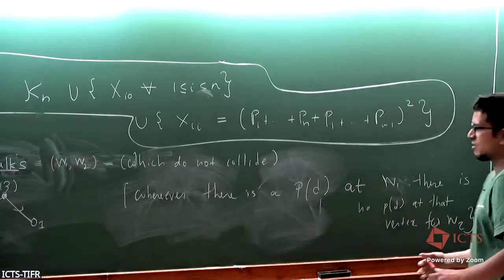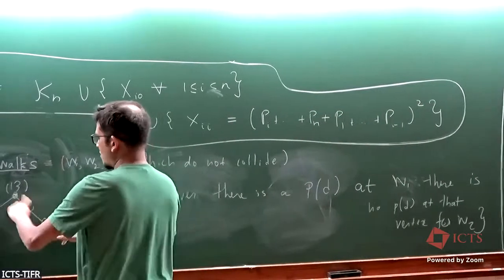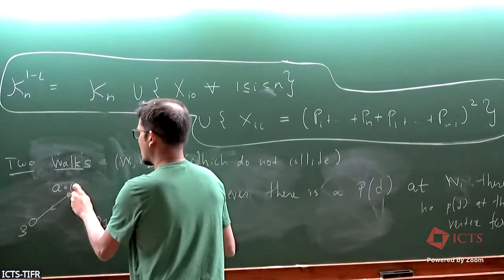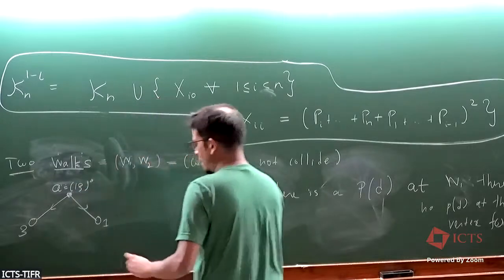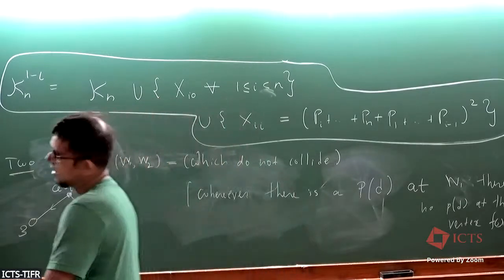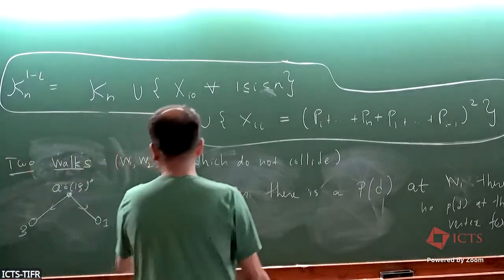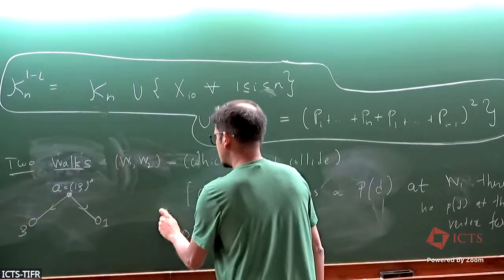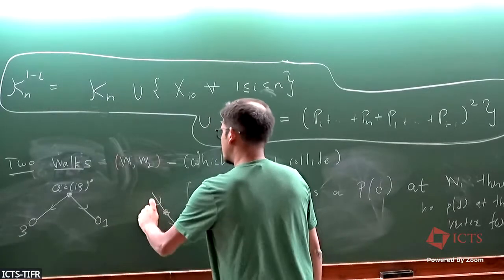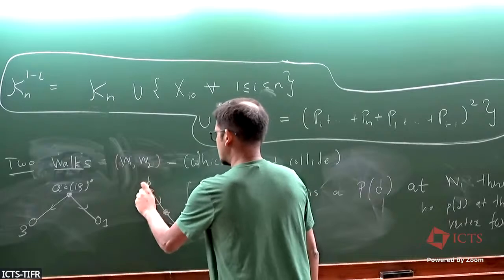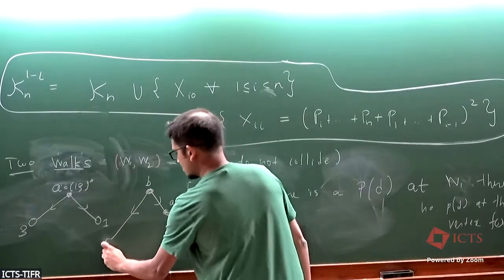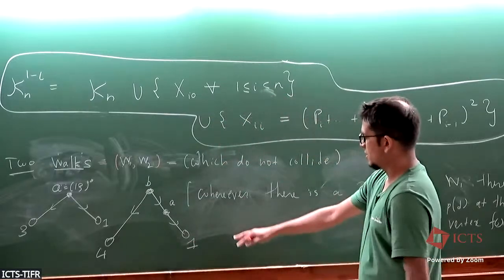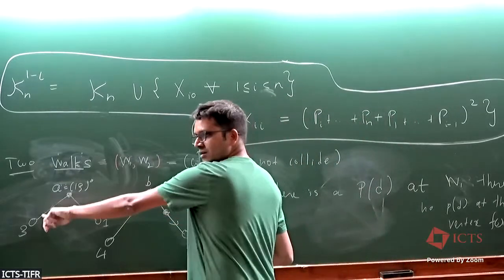So you see that the walk 1,3 has a peak at A, and the walk 1,4 has only a peak at B. You can carefully see that this is the 1,3 walk and this is the 1,4 walk.